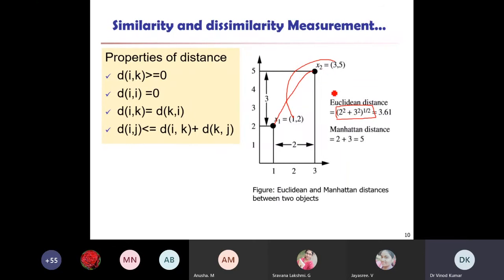And here we have 5 minus 2, which means 3, we square, add, and then find the square root, and we get 3.61.